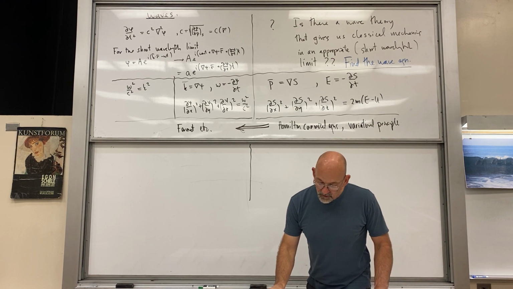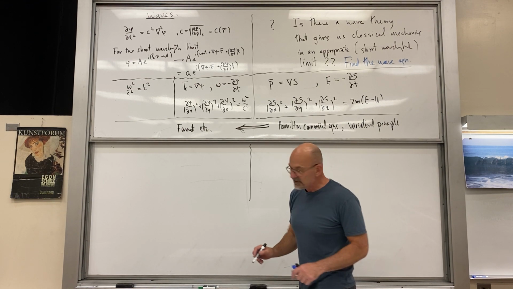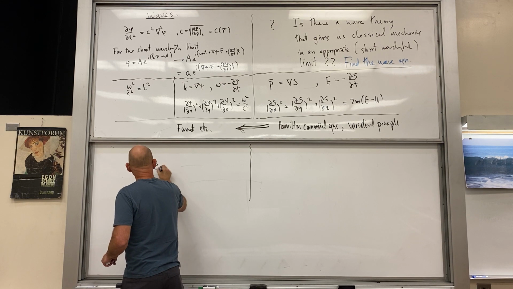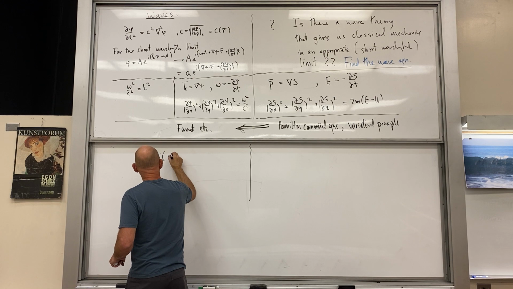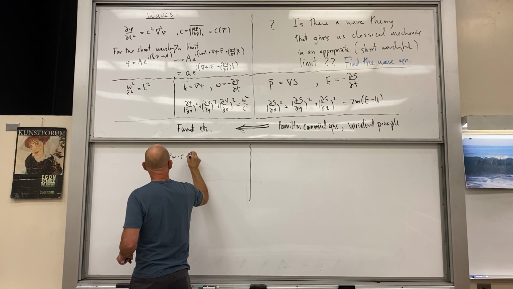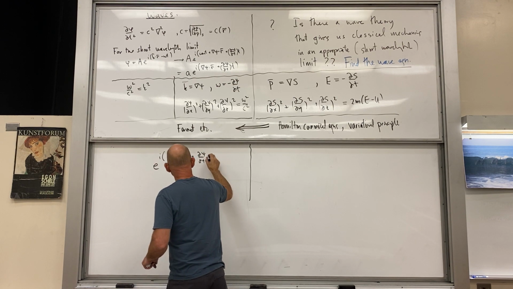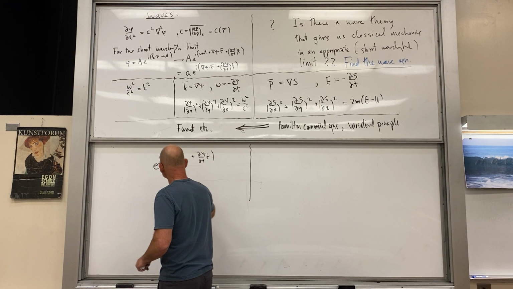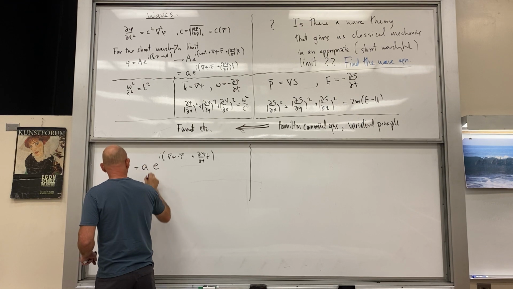Well, I'm going to repeat what I have up here and then start doing the analogous mechanical version. So here we go. We have over here, just repeating what we have, e to the i (gradient of c dot r plus partial c partial t times t), where r is a vector, phi equals a.